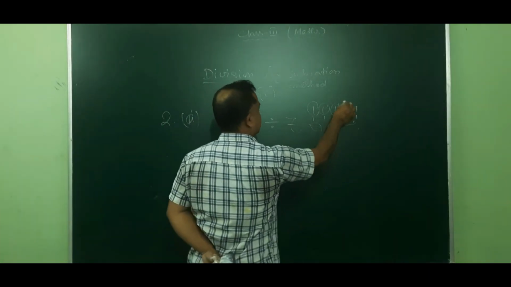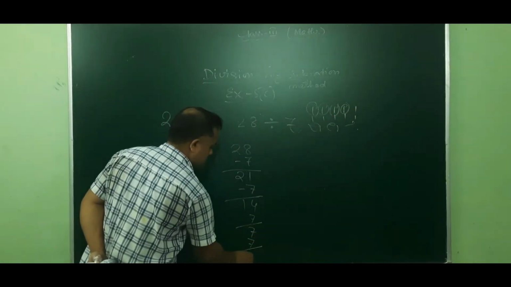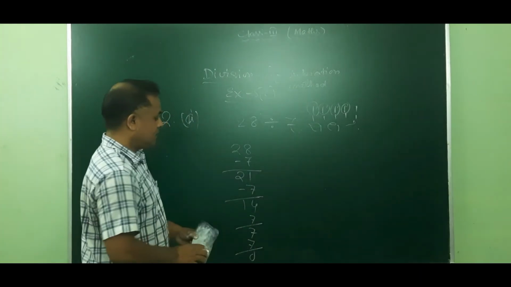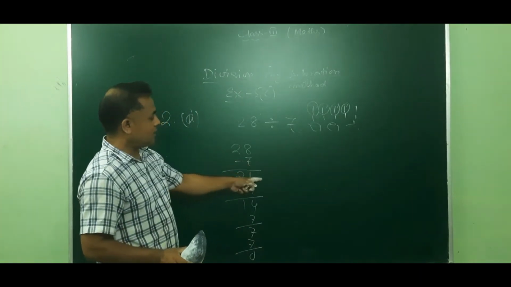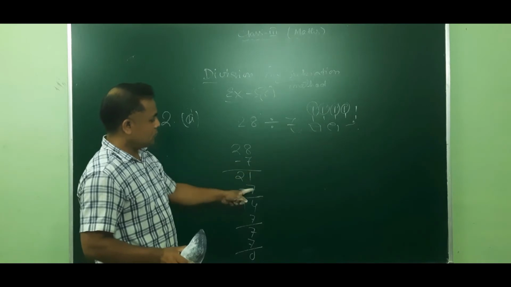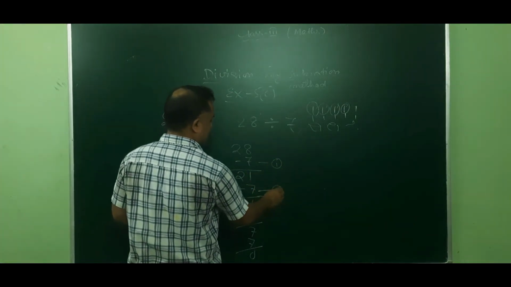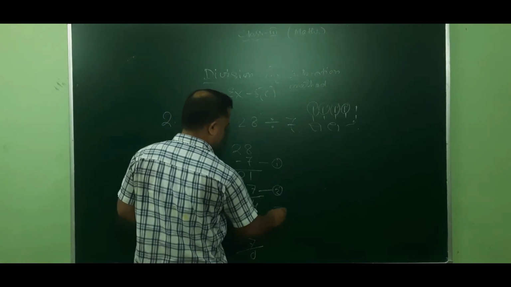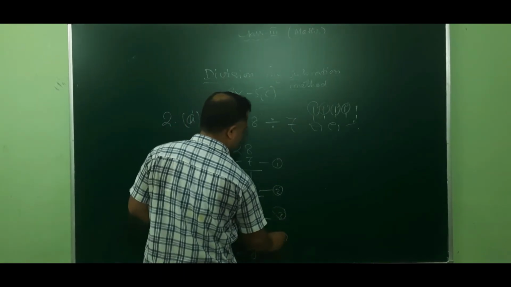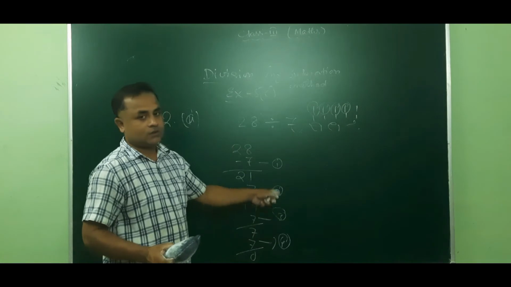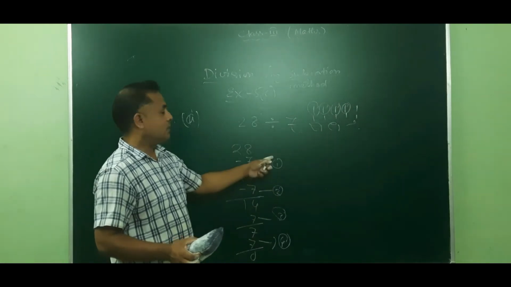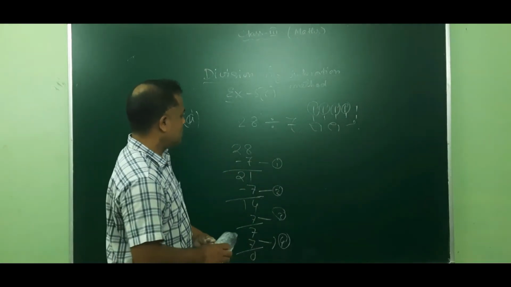To another one I will give out 7, so nothing remains. That means how many times do I need to give out? 1 time, 2 times, 3 times, 4 times. That means it takes 4 times. So 4 times it goes.